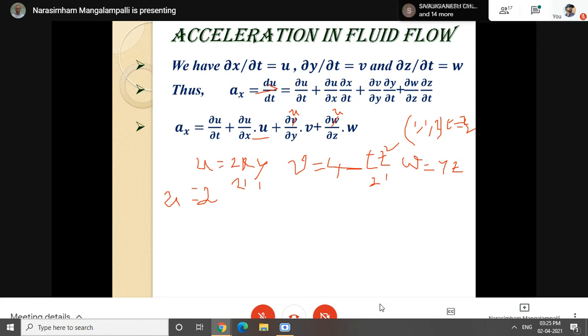So 2 square is 4, and v is equal to 8 units.